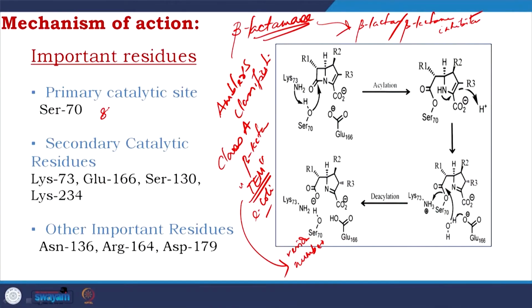Definitely for other enzymes like in Mycobacterium tuberculosis BlaC, suppose this serine is 84, but we do not call it 84, we call it serine 70 in that way.